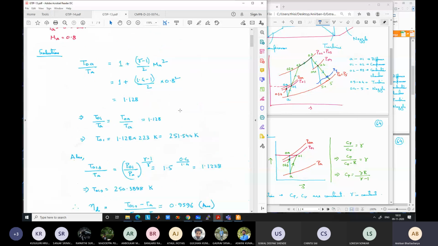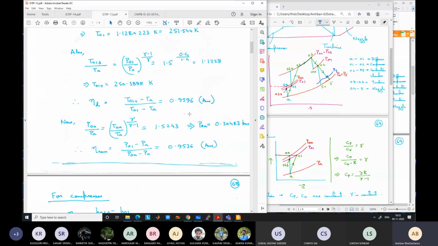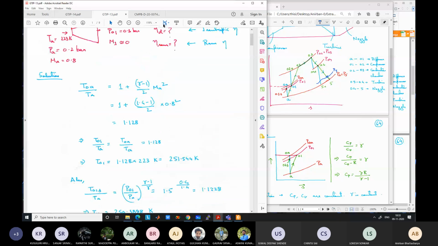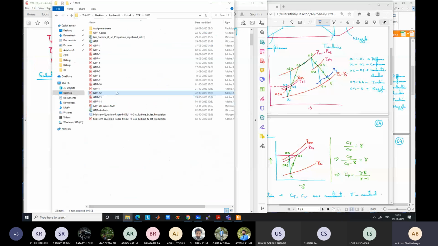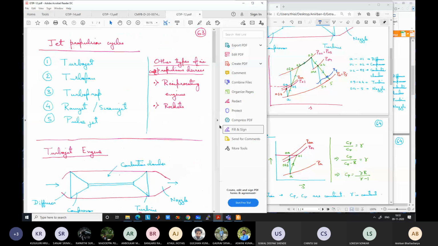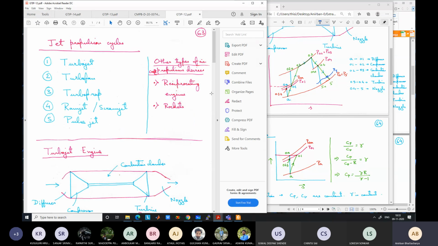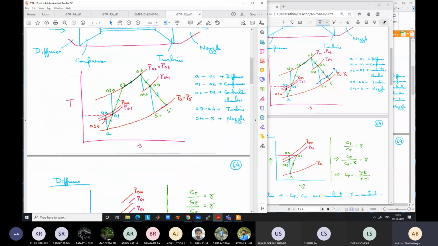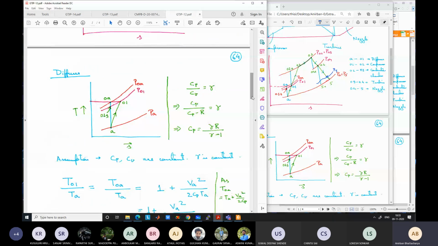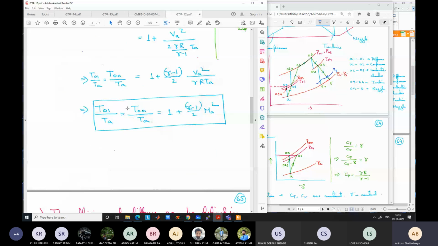For calculating the diffuser, we have derived one equation like this: T0A by TA is equal to 1 plus (gamma minus 1) by 2 M squared.